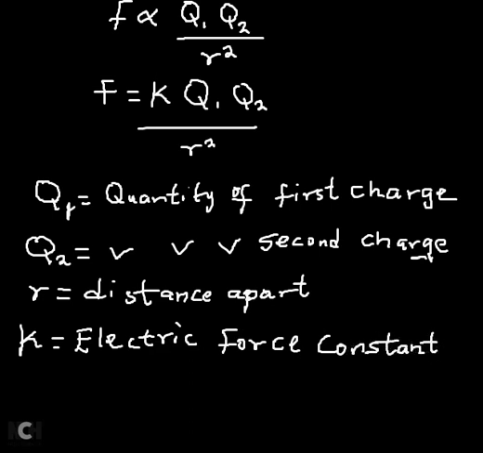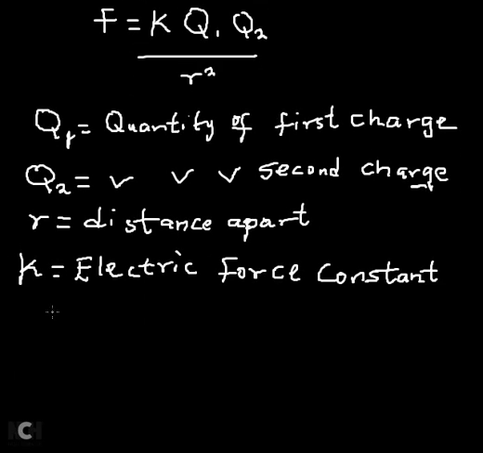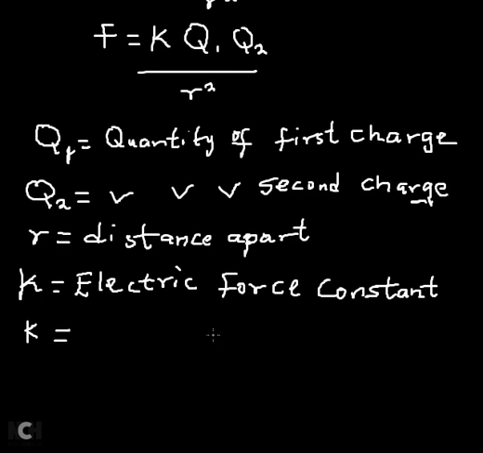Okay, so now because it's a constant, it should have a constant value. Experimentally, it has been proven that the electric force constant, according to Coulomb, is equal to 9 times 10 raised to the power of 9 approximately. It's a constant.